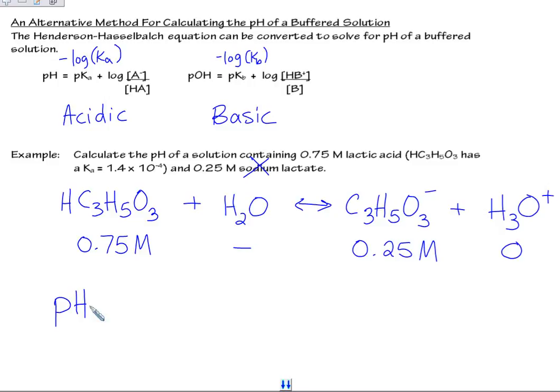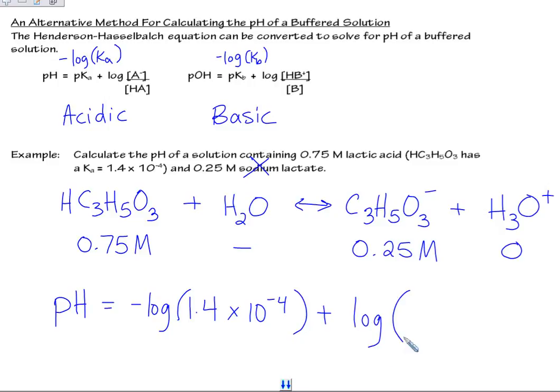pH, this is an acidic buffer. So I'm going to go opposite log of the Ka value, 1.4 times 10 to the negative fourth, plus the log of the conjugate base over the weak acid. So it's going to be the 0.25 molar lactate ion over the 0.75 molar lactic acid.